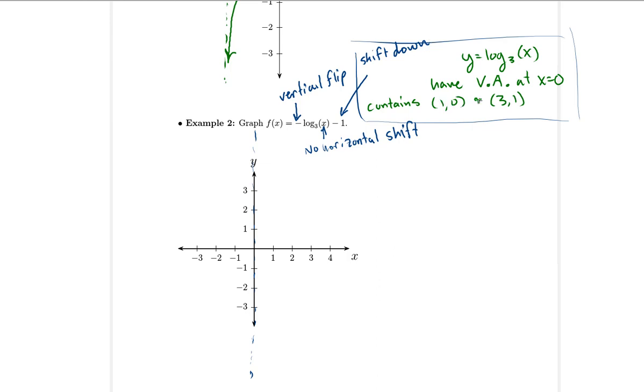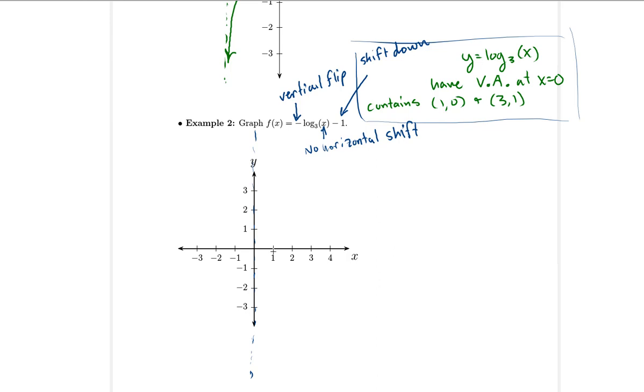Well, it means that we have these 2 points, right? When I go over 1 from the asymptote, then my y value is 0 on the original function. Okay? Well, what would a vertical flip do to this? Well, it would do nothing, right? Because my y value is 0.